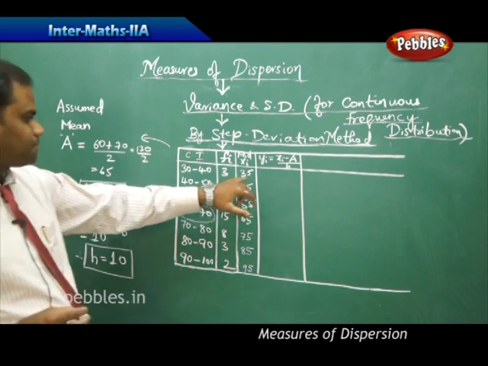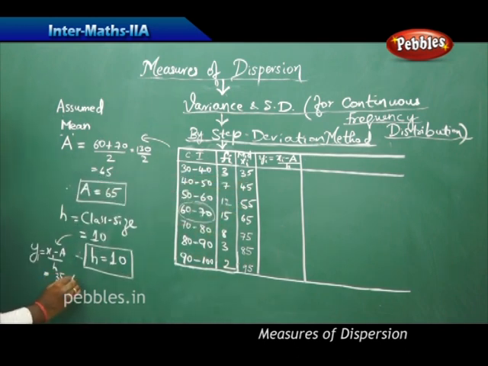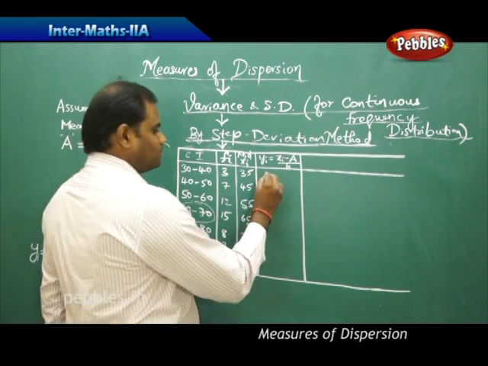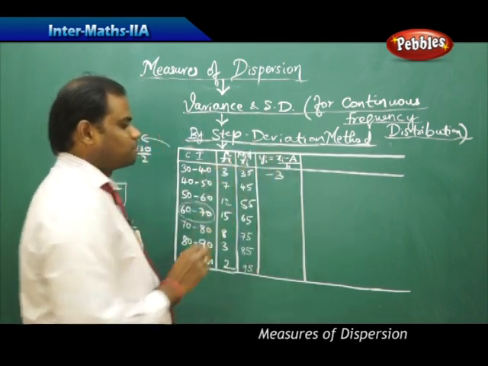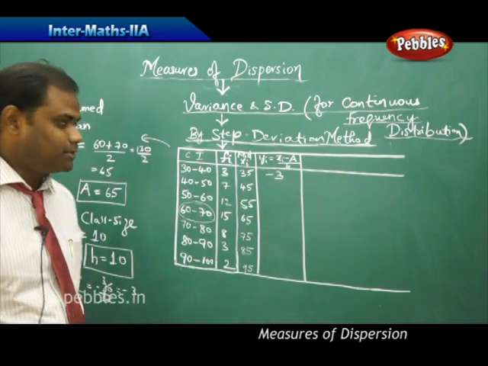As I see here, my first score y1 is calculated using (x1 minus a) by h, which on simplification gives x1, which is 35, minus a, which is 65, by 10. This gives minus 30 by 10, which is minus 3. So for the first value, my y1 is minus 3.